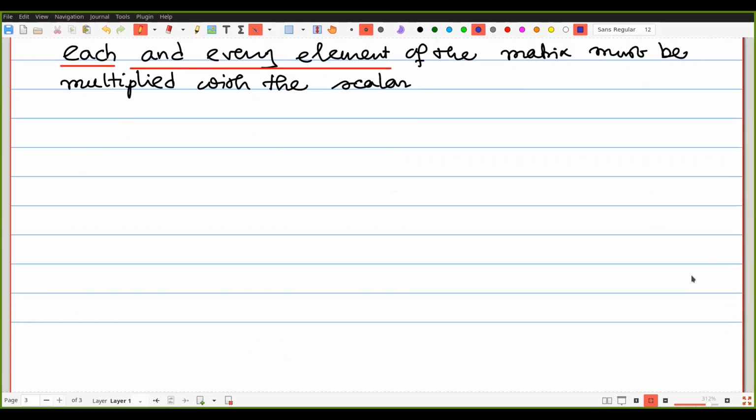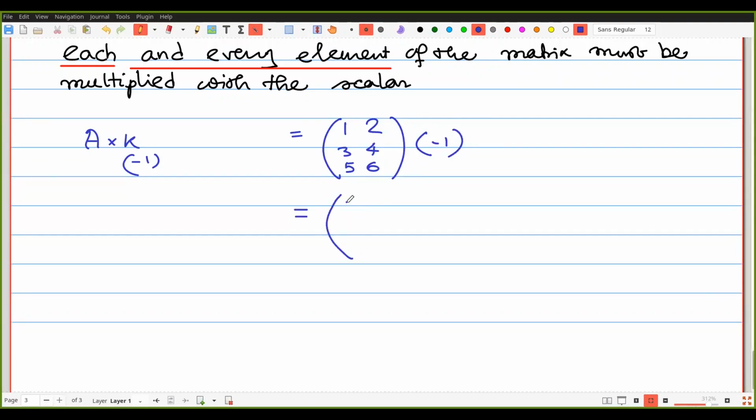What happens if we have a matrix A and on the right hand we are multiplying it? That means 1, 2, 3, 4, 5, 6. And here we are multiplying the k as -1. The result is the same. We are multiplying the -1 with each and every one. So that means -1, -2, -3, -4.